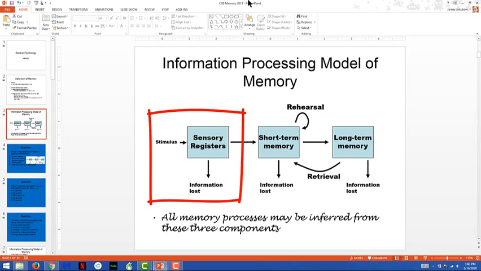Now, consider when you're talking about the sensory register, there are literally tens of millions of receptors that are all generating action potentials at any one time and feeding them into your brain. That is literally tens of millions of inputs into your brain at any one moment.